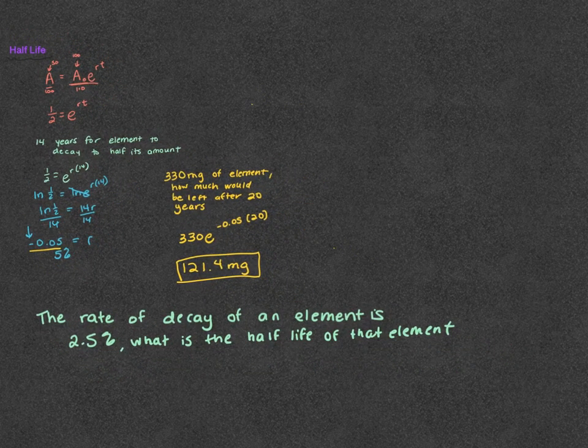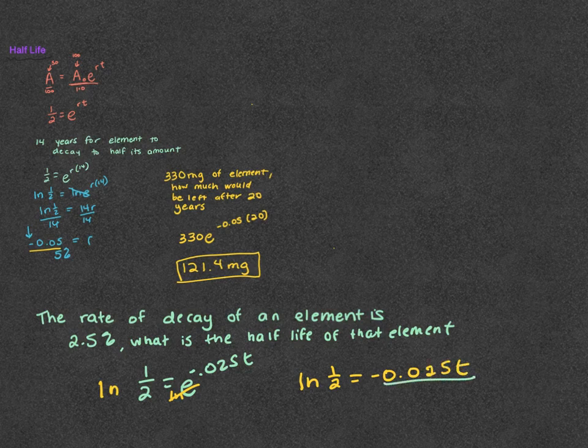So I know that 1/2 equals e to the r, which is 0.025, and it's decaying, so it's negative, times t. So I'm going to ln both sides of the equation. I'd get ln of 1/2 equals ln of e, cancels, negative 0.025t. Divide both sides by negative 0.025. And again, let the calculator do that work. So ln of 1/2 divided by negative 0.025, and I get t equals 27.7, and this could be years.